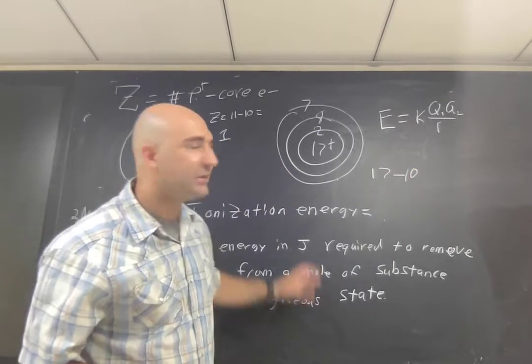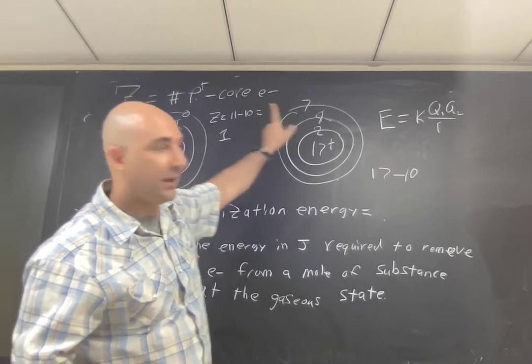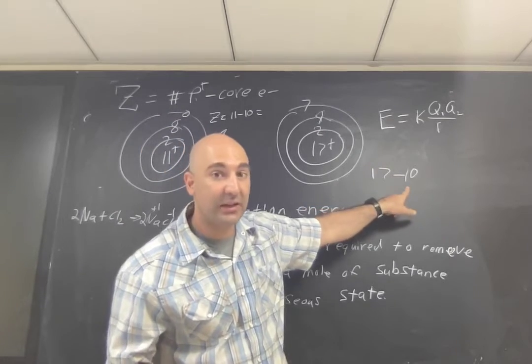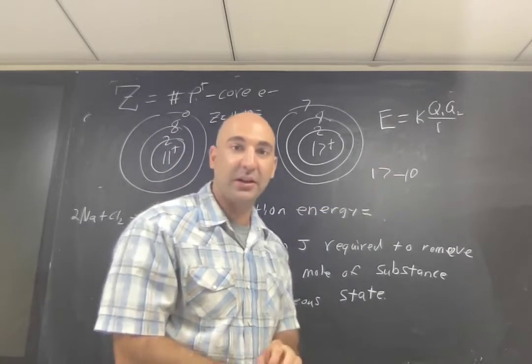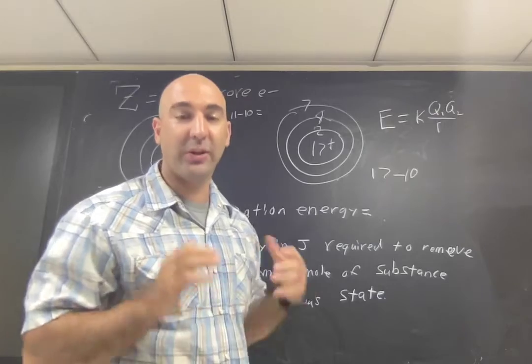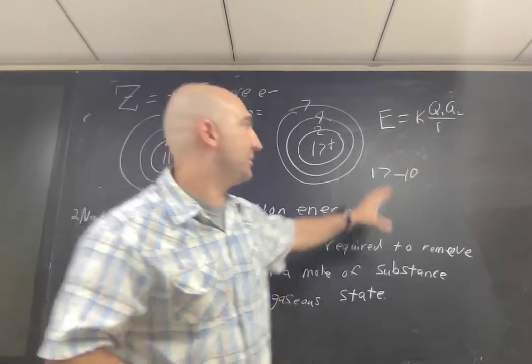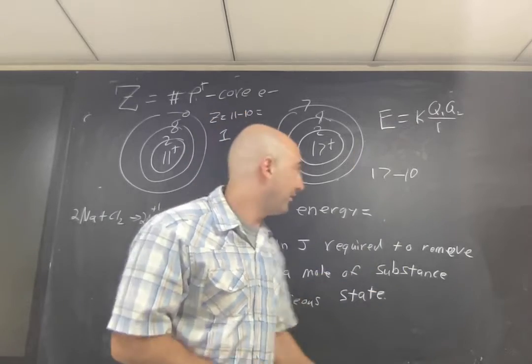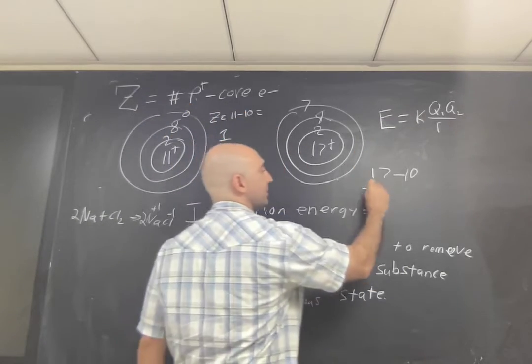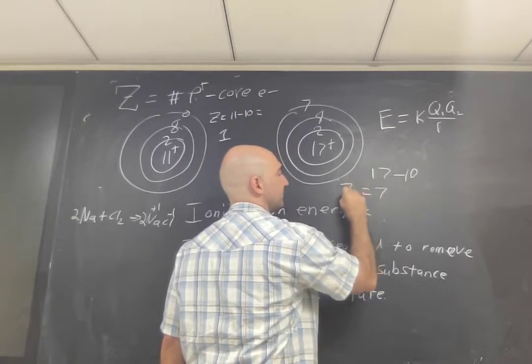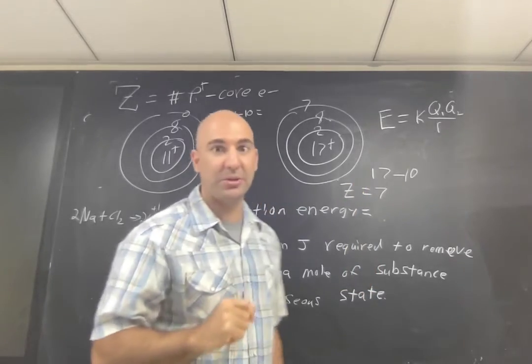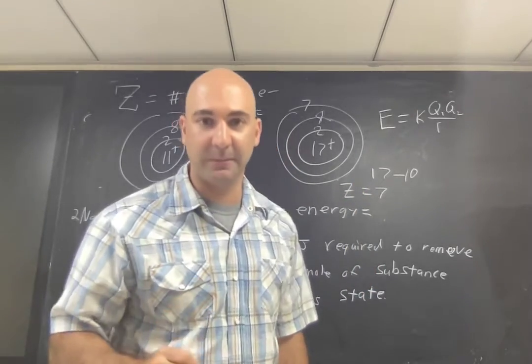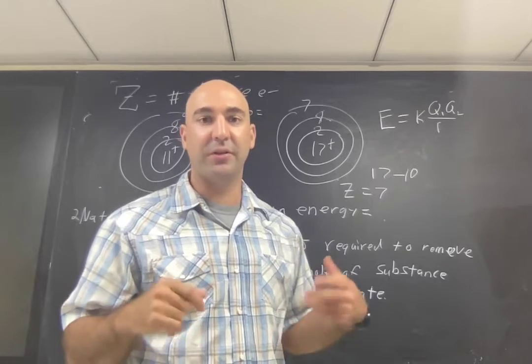Now, did you notice this 10 and this 10 are the exact same number? What's happening here is they have the same core electrons. If you use Slater's rules, you notice that these electrons do push on each other, but we're going to ignore that today. So that's equal to 7, which is a much, much bigger Z. Okay, it's a much larger effective nuclear charge.